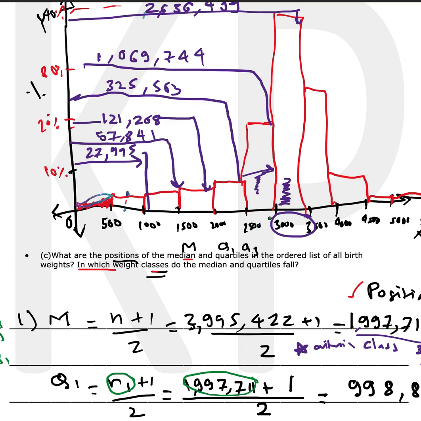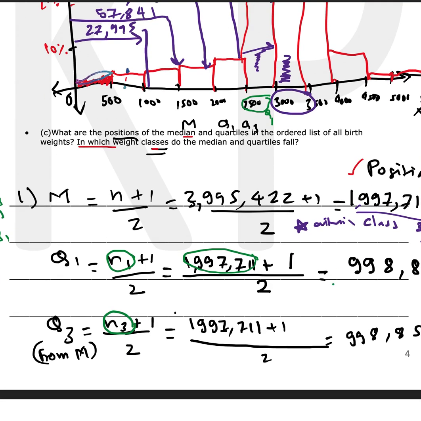So we can see that this is the class location for Q1. So to answer that sub question, Q1 lies within class of 2500 till 2999.